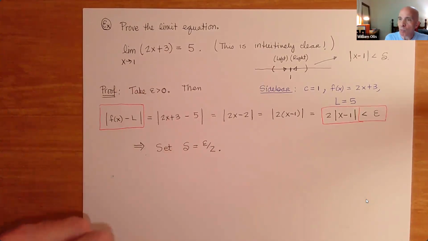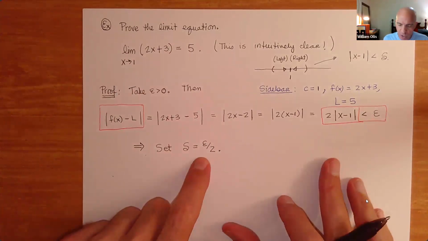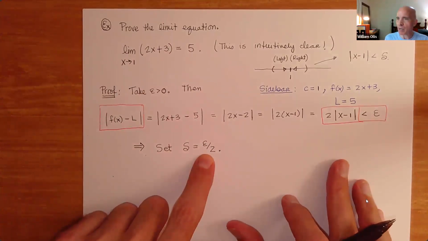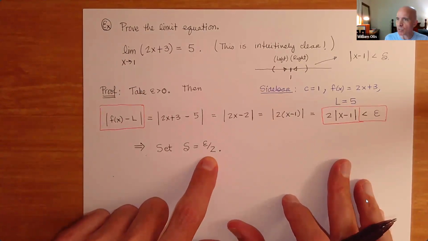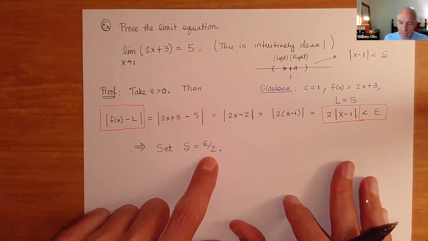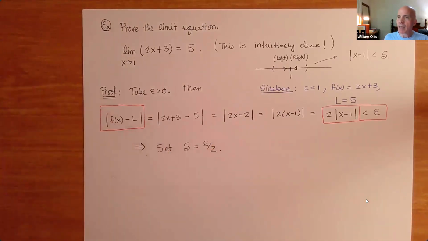So when students are like, well, I didn't quite get that, or I've got a different fraction or whatever, it doesn't matter. At this point, you could choose delta equal to epsilon over 10. That would still be less than epsilon over 2, which would still work. So just remember, when you're constructing a proof, your proof may not look exactly like a classmate's.